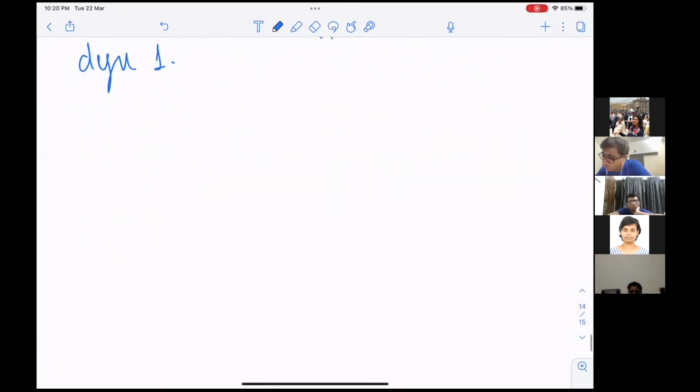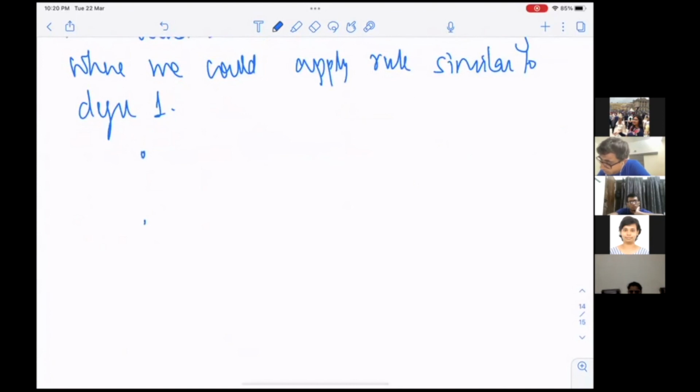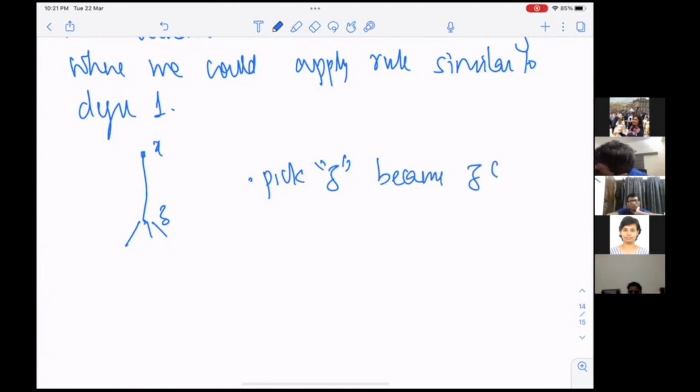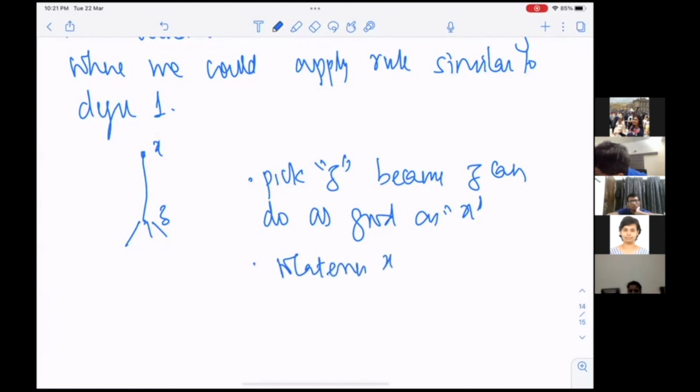So what was the degree 1 rule? Look at X and look at Z. We said, pick Z, because Z can do as good as X. Whatever X can do, Z can do.